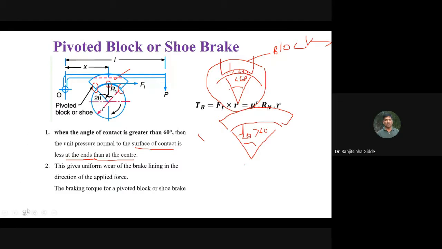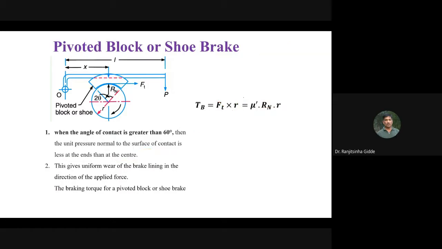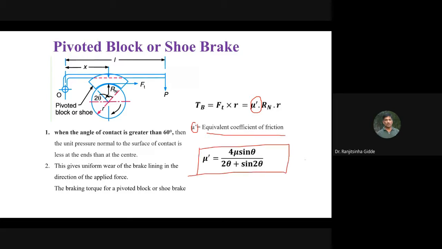By considering that, TB is equal to Ft into R. This is mu dash into Rn into R, where mu dash is the equivalent coefficient of friction. You should remember this equation; the derivation is not important. Here mu dash is equal to 4 mu sin theta divided by 2 theta plus sin 2 theta. This you should remember.